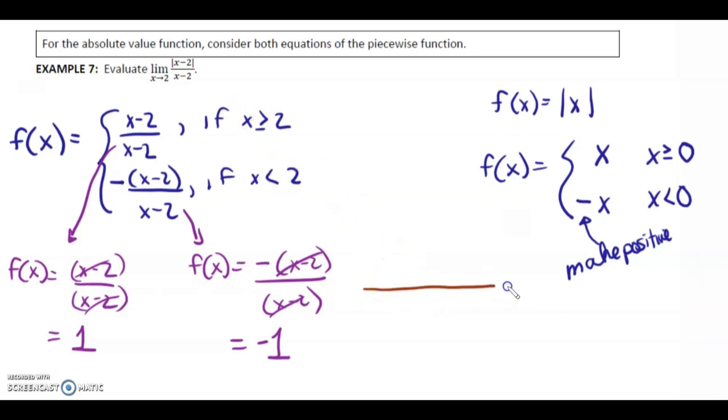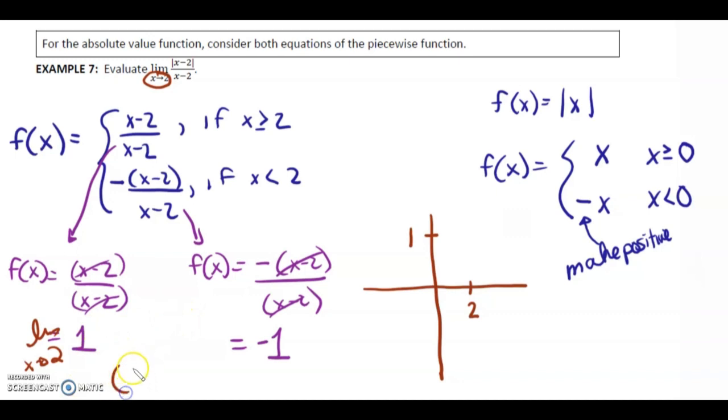So if we consider what this function actually looks like, at the point 2, comma 1, right? Even though we didn't actually sub in x approaches 2, we're essentially canceling these out. So then we're finding the limit as x approaches 2, but of a constant now.